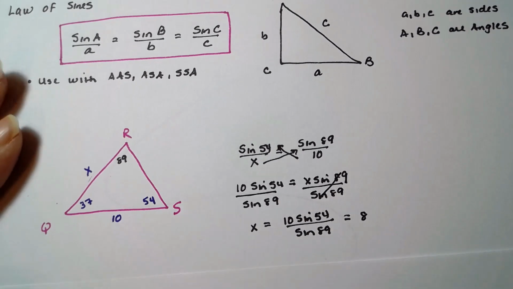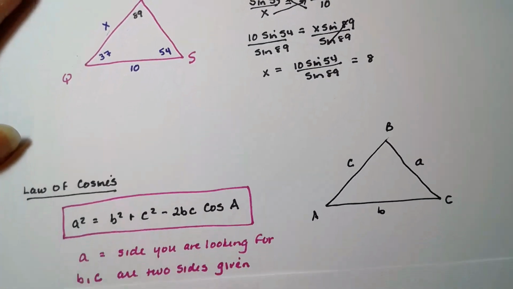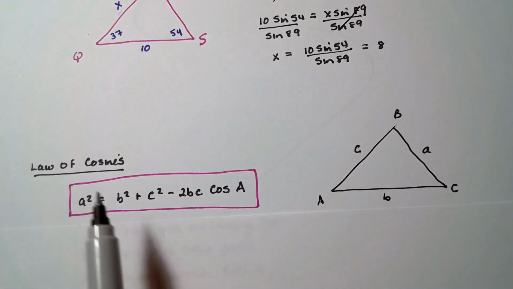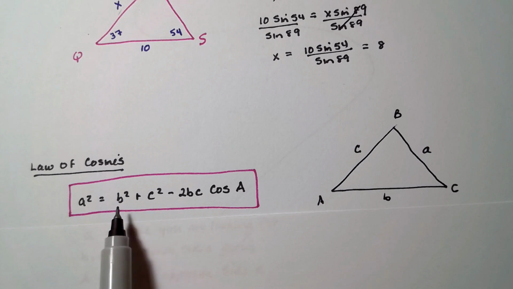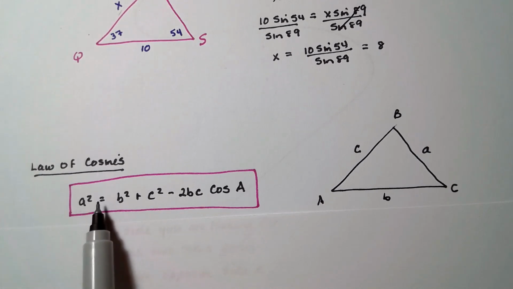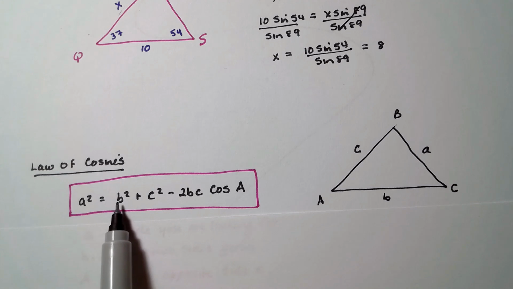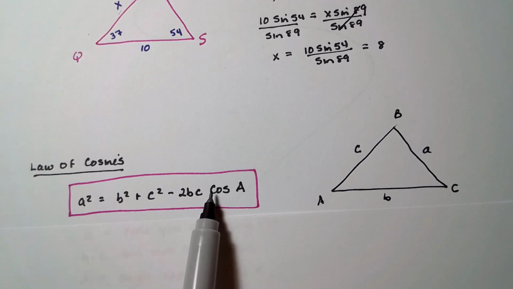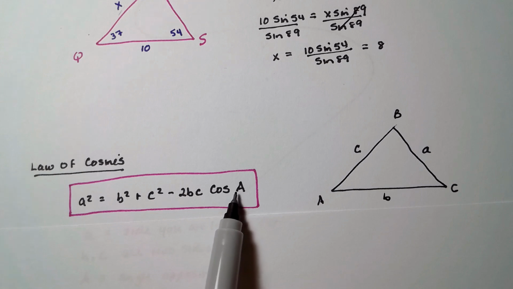Okay, then we did the law of cosines, and remember there were 3 formulas, but remember you're going to know what two sides of the triangle are. So the side you're looking for is equal to a side that's given squared plus the other side that's given squared minus 2 times the lengths of those two sides times the cosine of the angle that's given, and that angle has to be opposite the side you're looking for.